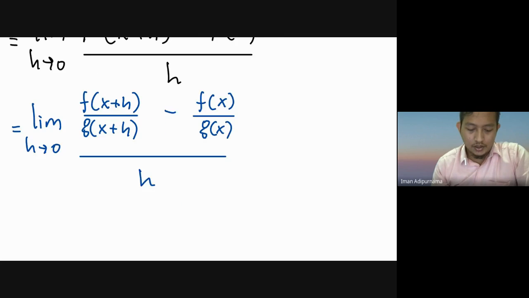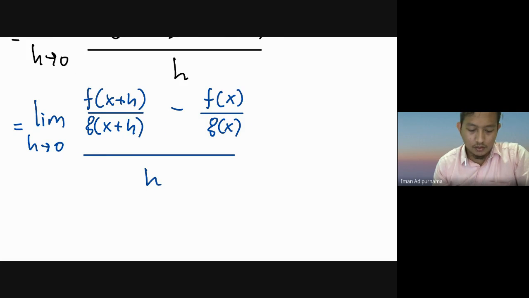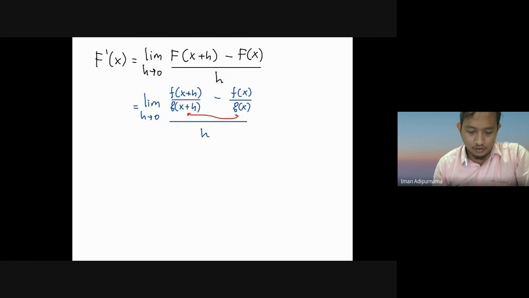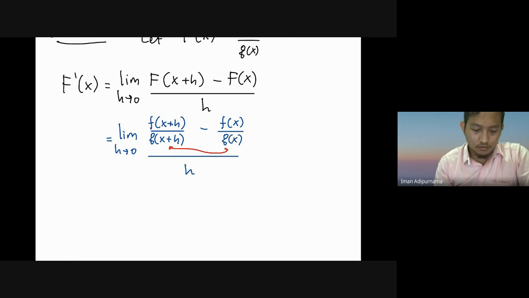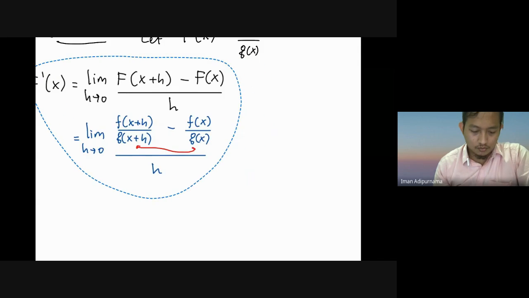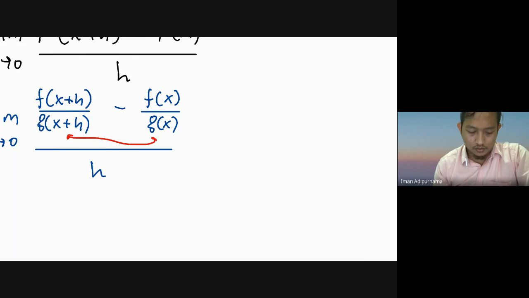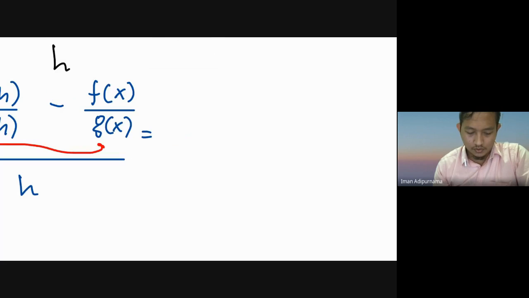Now I will merge this part. I think I'm writing too big, so let me move a little bit here and make another sign here.